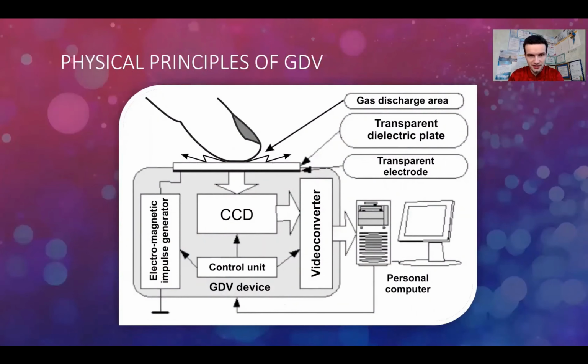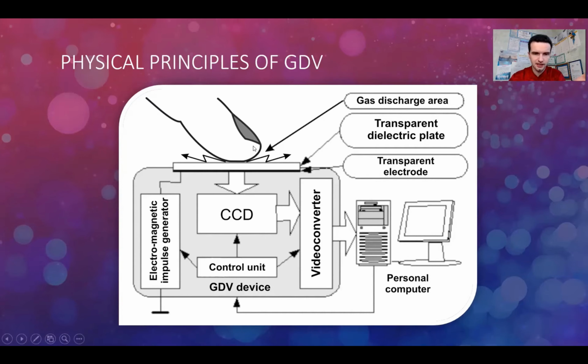Let's try to talk about each step in more detail. So this is the principal scheme of a GDV device. You can see here the object.